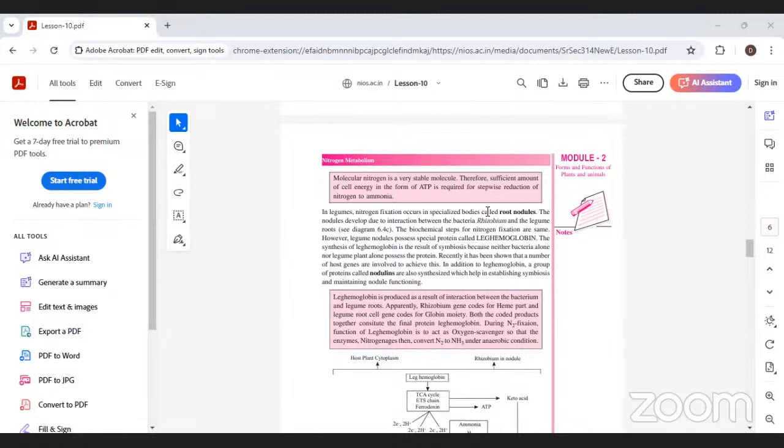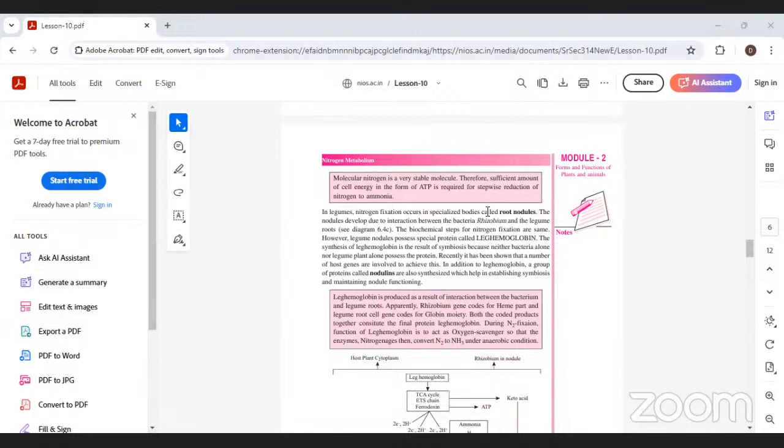However, legume nodules possess a special protein called leghemoglobin. The synthesis of leghemoglobin is the result of the symbiosis, because neither bacteria alone nor legume plant alone possess the protein.